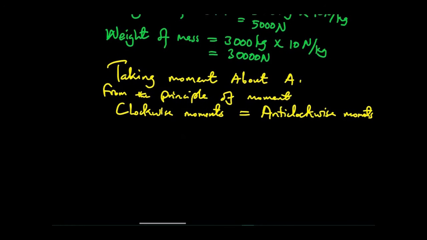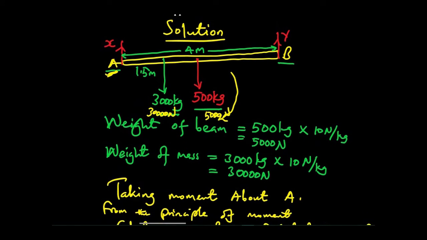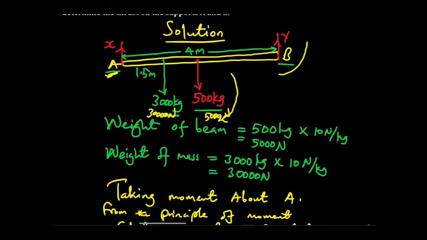So from our diagram here, this weight here, 5,000 Newton and 30,000 Newton, will give a clockwise moment. Because we have taken moment about A, the thrust at point B here will give anti-clockwise moment.